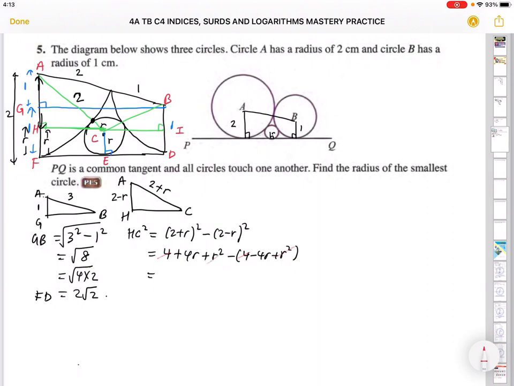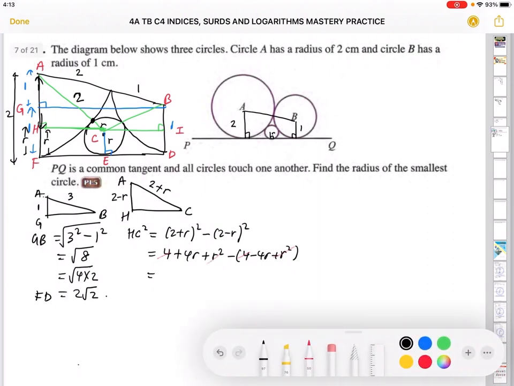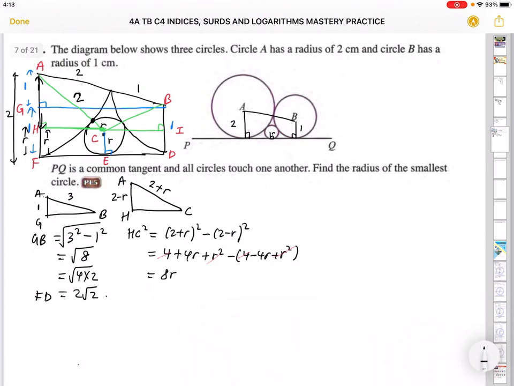So 4r minus minus 4r is going to give us 8r. Now your HC is actually the same as FE. Can you see? HE is from here to here. It's the same. HC is the same as FE. So my FE is therefore the square root of 8r, which is 2 root 2r.